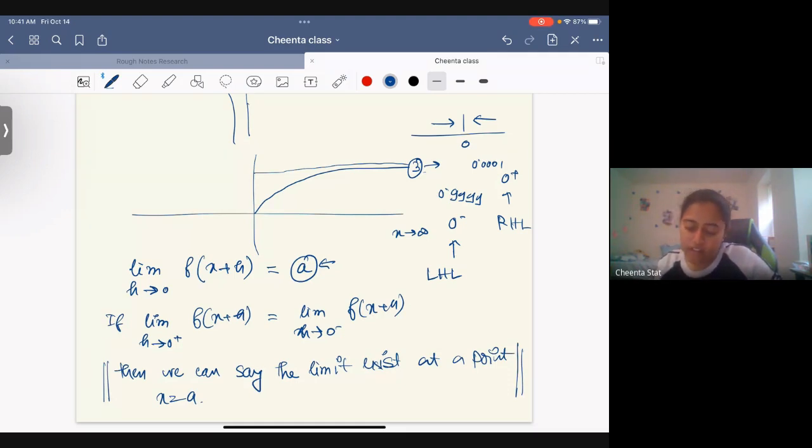Or say at any point x equals x prime, then you need to consider the left hand limit is equal to the right hand limit.